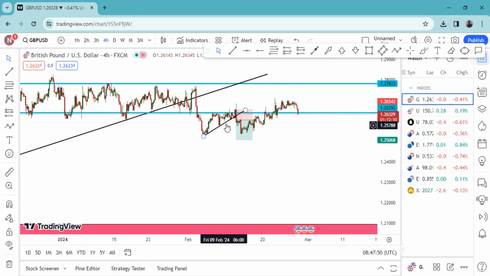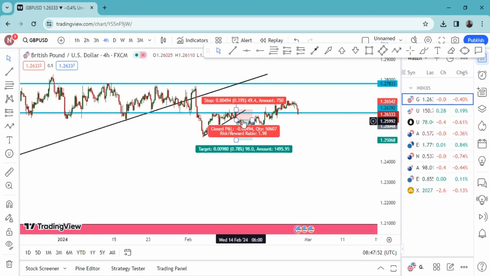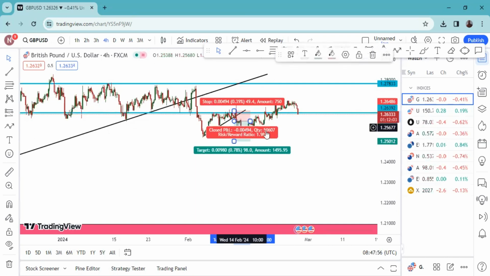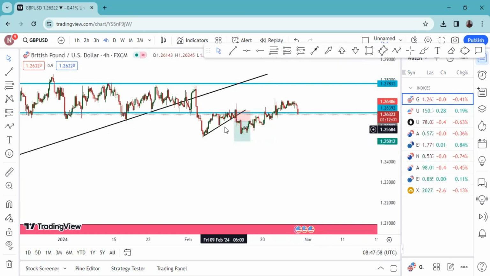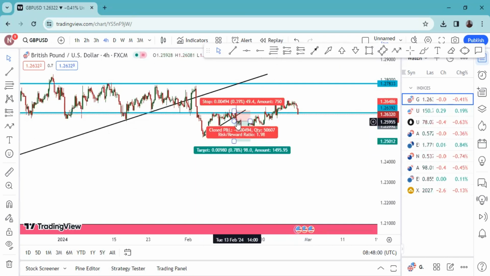Exactly, the market broke that counter trend line, and I took my trade at the closure of that candle.